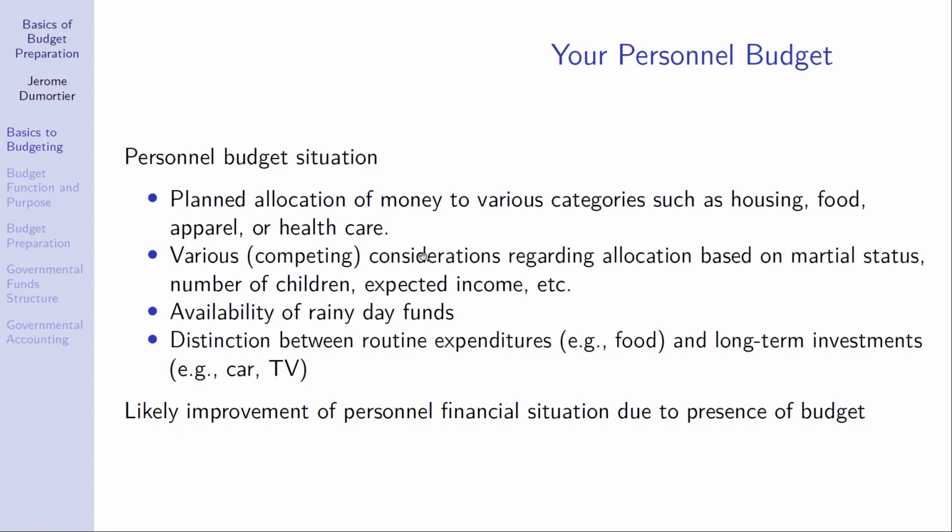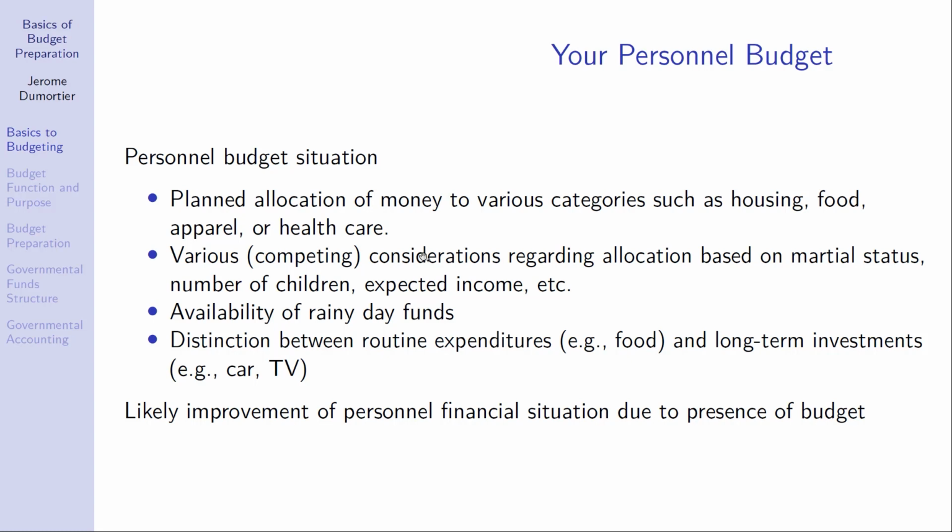Of course, you will also have to think about the availability of rainy day funds. Rainy day funds means that if something unexpected happens, or if there's an unexpected expense, for example, you need a car repair, then your budget also needs to plan for that.